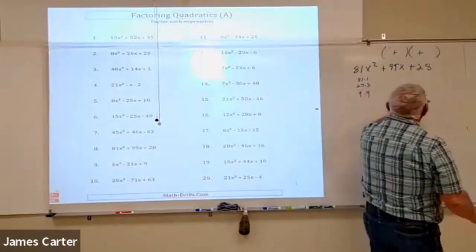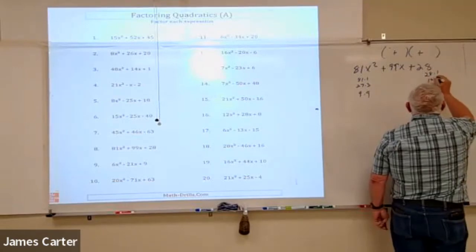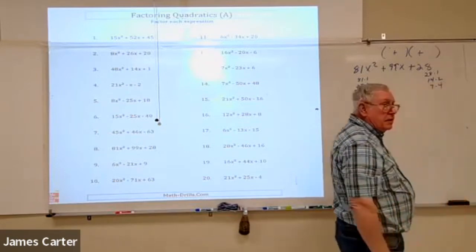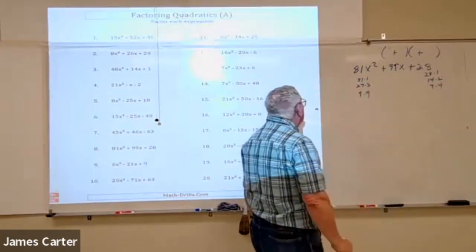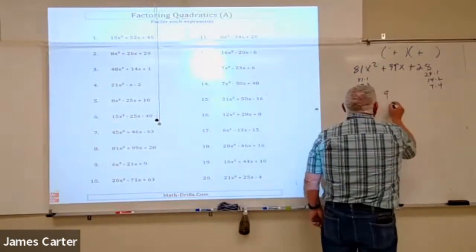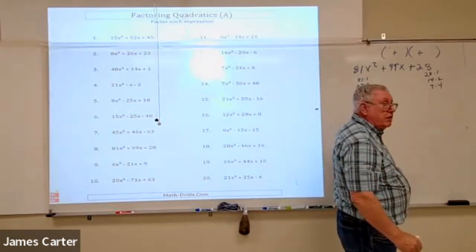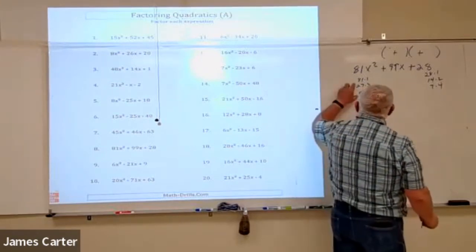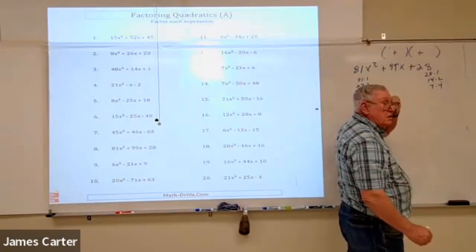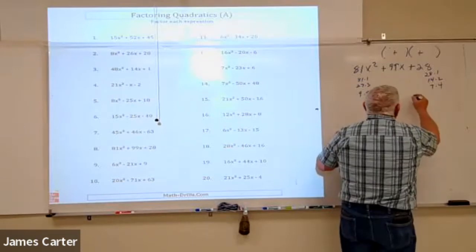Over here, 28 times 1, 14 times 2, and 7 times 4 are the possibilities. Well, I'm going to try the 9 first, simply because they're both the same, so it won't make any difference which order they're in over here. Usually, I try some of the middle ones, not necessarily the biggest ones.